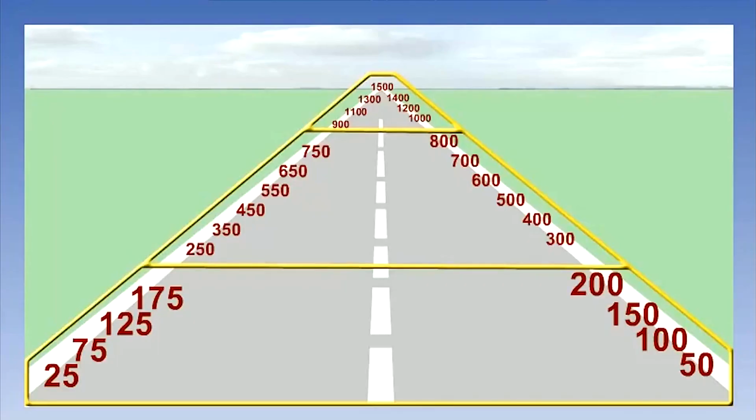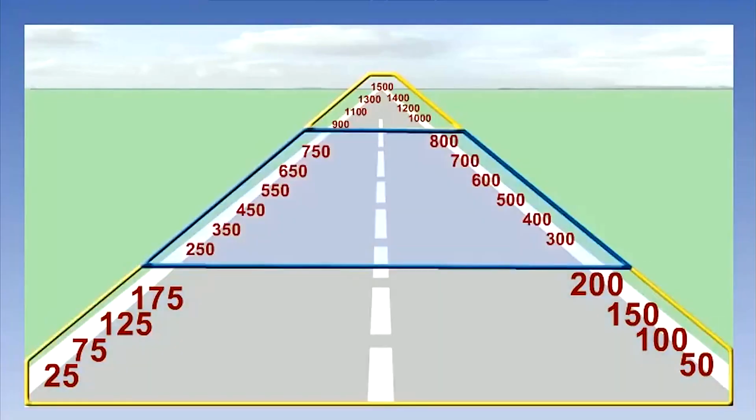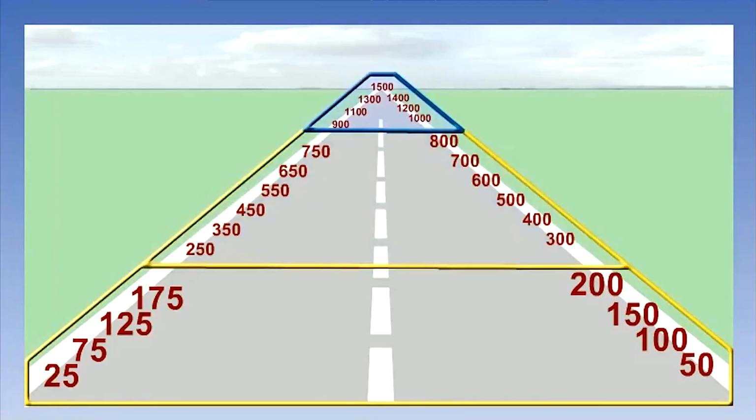In the UK, standard RVR reporting increments are 25 meters between 0 and 200 meters, 50 meters between 200 and 800 meters, and 100 meters above 800 meters. Reports are taken every 15 or 30 minutes, depending on the amount of air traffic.